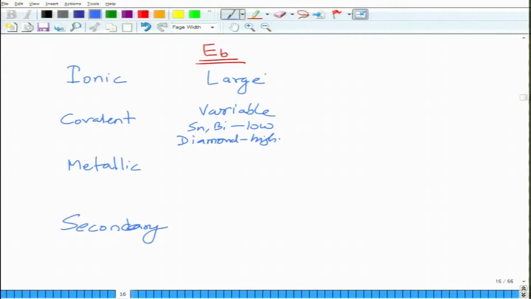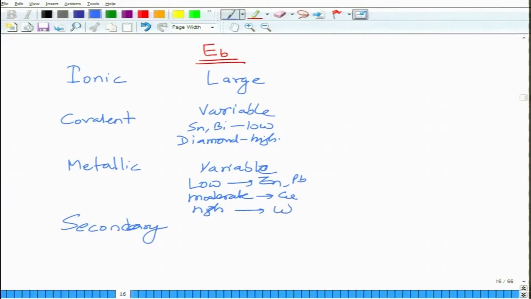For ionic bonds it is typically large, but there are some compounds like NaCl for which it is not very high. Metallic bonding is variable again: low, moderate, high. Low will be things like zinc and lead, moderate will be things like copper, and high will be things like tungsten.